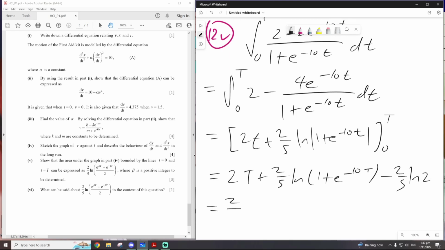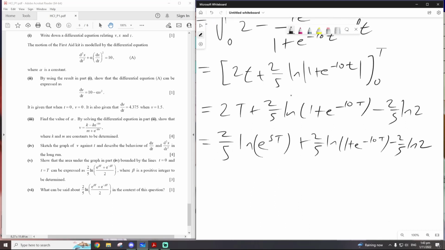Well, I can factor out 2 over 5 and multiply by 5T. But what is 5T? It's actually ln e^(5T), right? So I can do this: plus 2 over 5 ln(1 plus e^(-10T)) minus 2 over 5 ln 2. And then we can use logarithm properties to combine everything together.